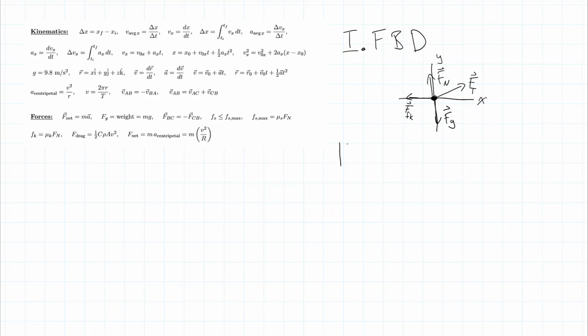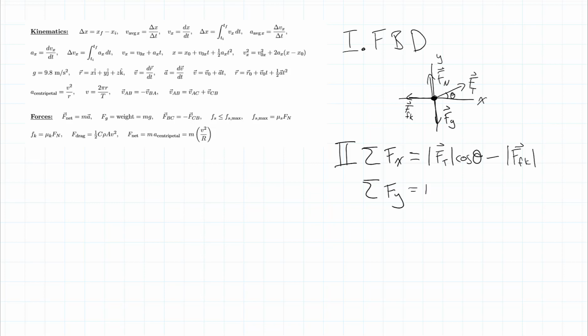The next step that you want to take is the sum of the forces in the X direction and the sum of the forces in the Y direction. So in this case here, we would have the magnitude of Ft cosine theta in the positive X direction minus the magnitude of Fk in the negative direction.